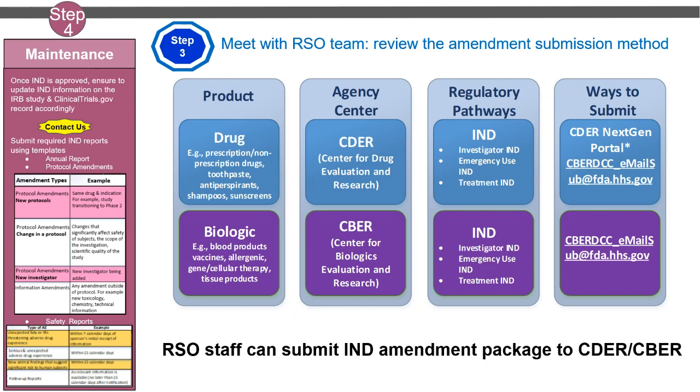If you all are interested in learning more about ways to submit to CDER and CBER, please watch our last month's Research Matter presentation that is now available on our website. And this concludes my portion. Thank you all for listening, and I'll now pass it over to Raj to talk about the IDE modifications.